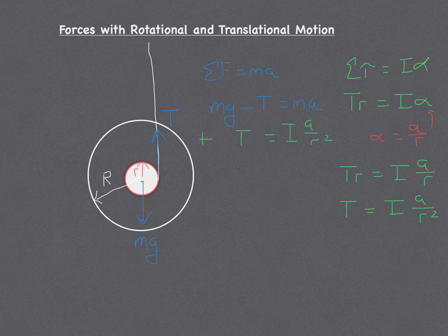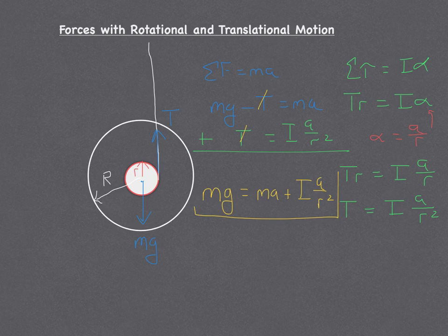All right, so we can get the linear acceleration in relationship to each other. So we end up with mg. These cancel. So you put ma plus Ia over r squared. All right, just separate that from the other two right now.